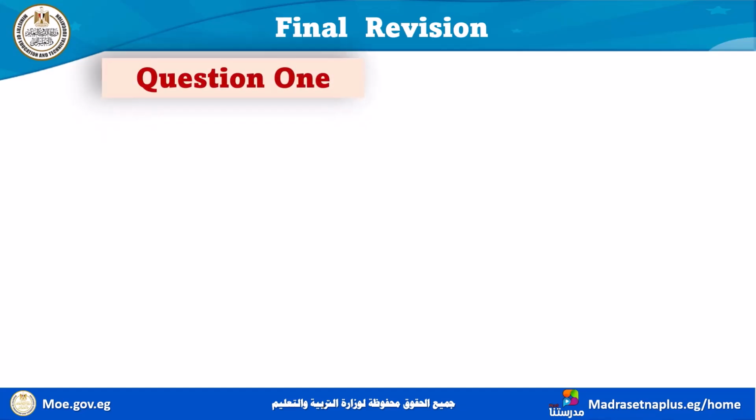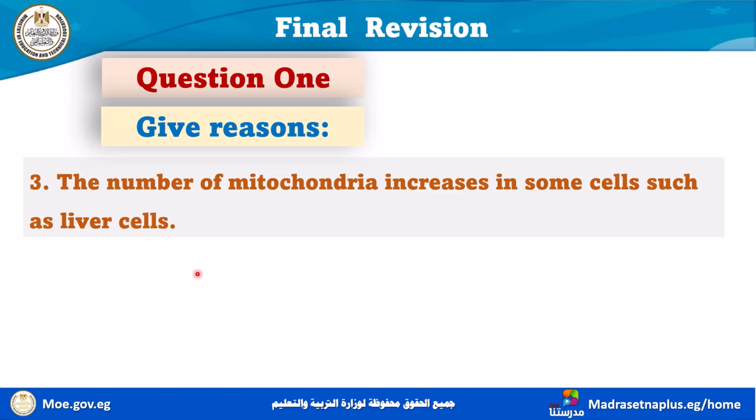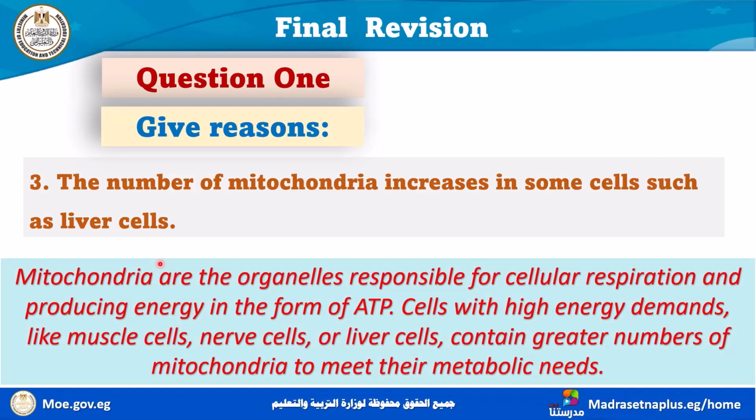Question 1, give reason. Number 3. The number of mitochondria increases in some cells, such as the liver cells. Why are the mitochondria more numerous in liver cells? Mitochondria are the organelles responsible for cellular respiration and producing energy in the form of ATP.